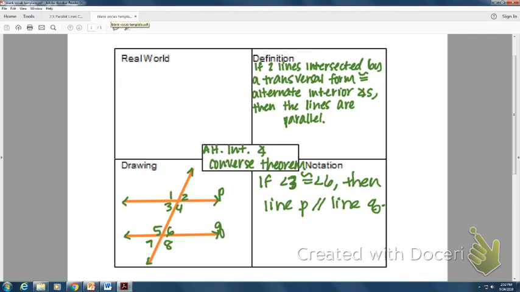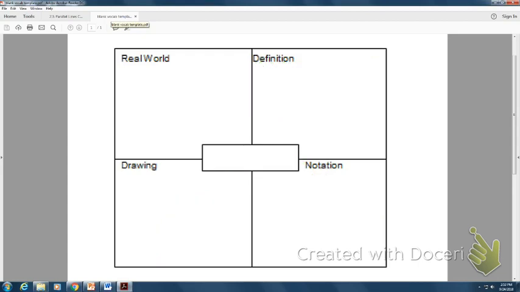Okay, our next one is alternate exterior angle converse theorem.